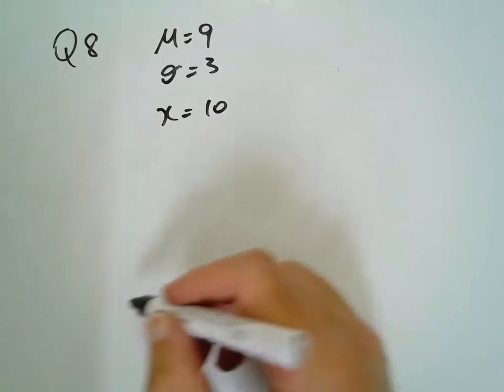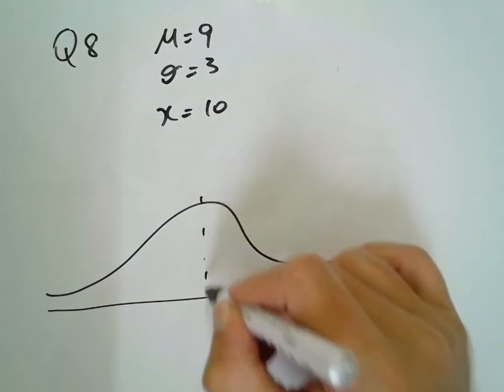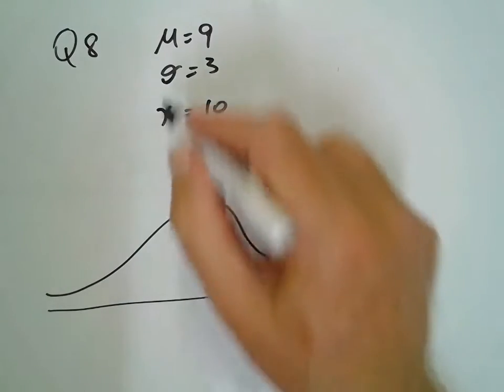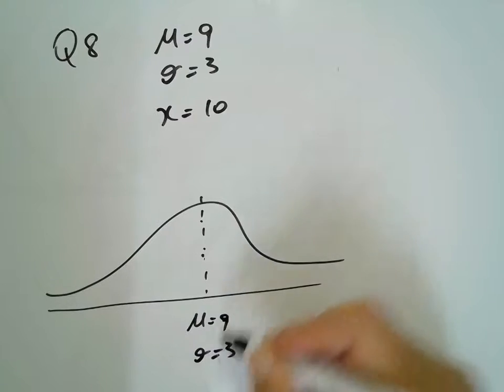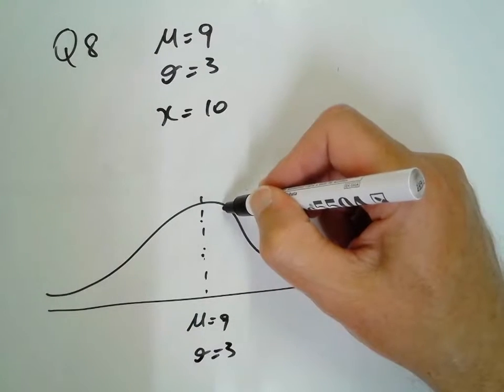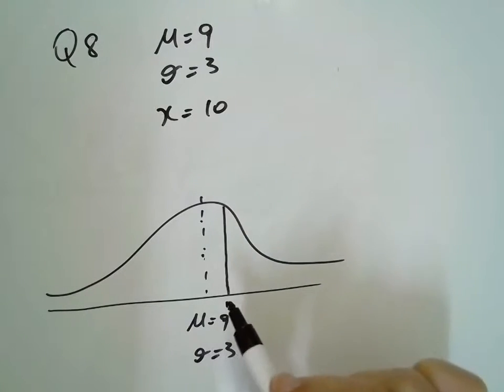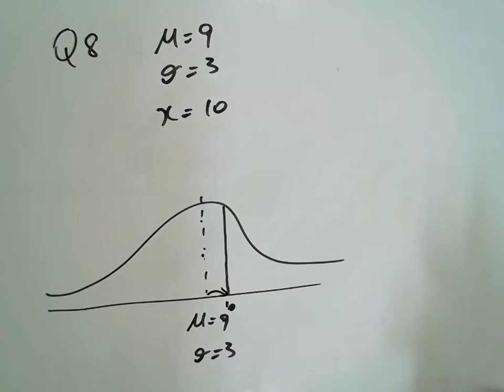So what we're thinking of, to put it into context, is if mu is 9, standard deviation is 3, here's the number 10. The question really says, well, how far away from middle is it? Is it a good result? Is it a bad result? How far away from it is?